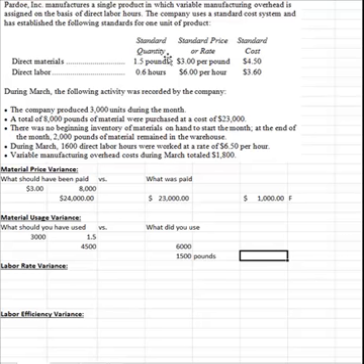The standard rate per pound was $3. And was this favorable or not? We used 6,000 pounds. We should have used 4,500. That's unfavorable. You used more than you were supposed to.